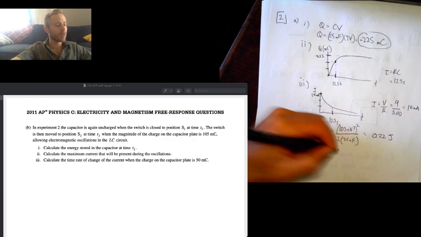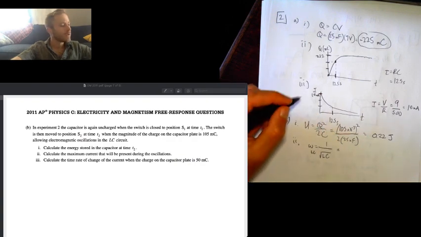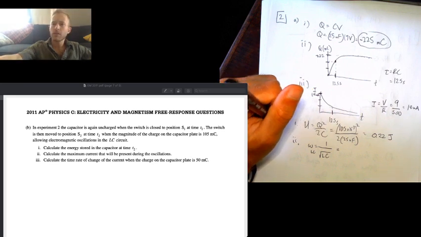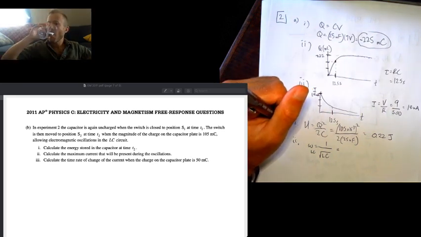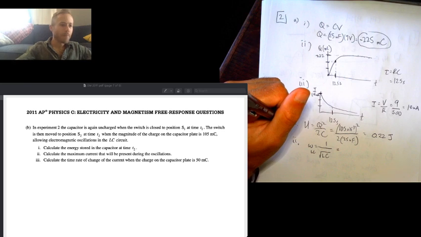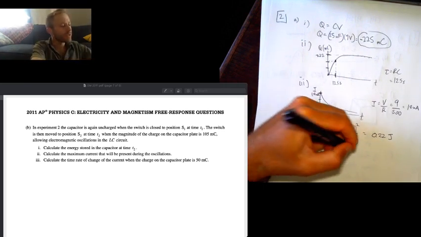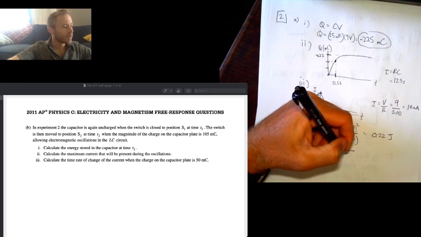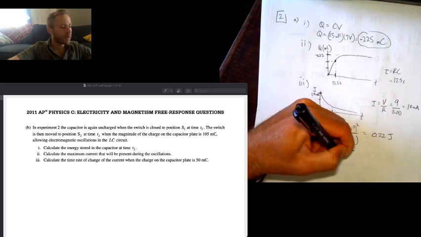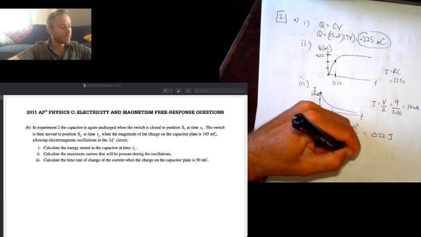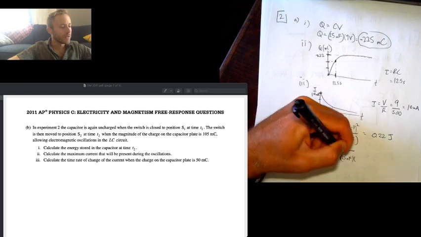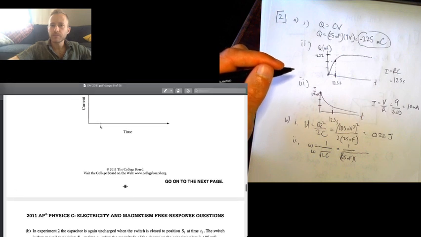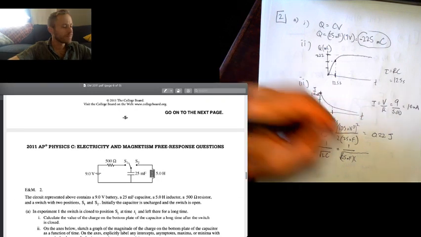Let's figure out what omega is. It's going to be 1 over the square root of the capacitance, 25 millifarads, times the inductance, 5 henries.